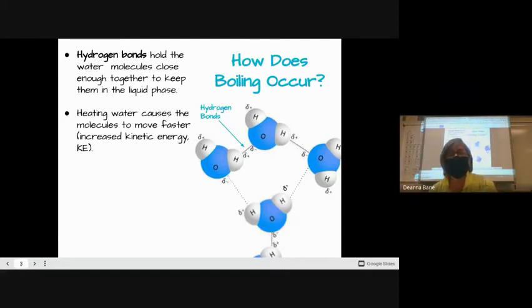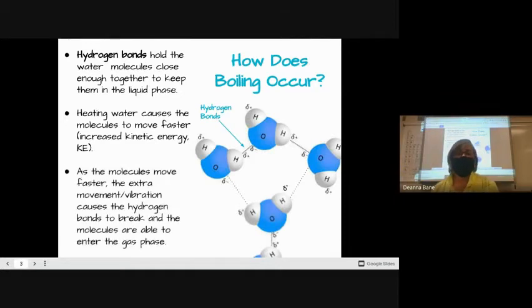What we're doing is we're adding energy, and the energy we're adding is kinetic energy, or the energy of motion. And so the water molecules start to move faster. And as they move faster, that extra movement or vibration causes those hydrogen bonds, even though they're pretty strong, to break.